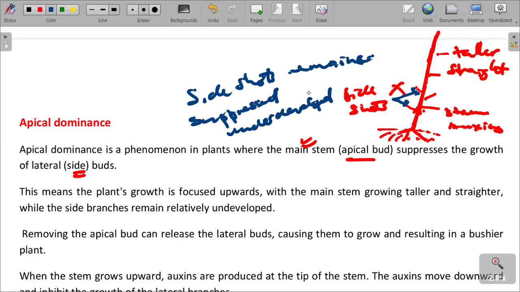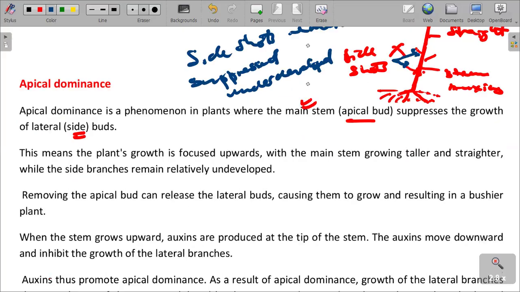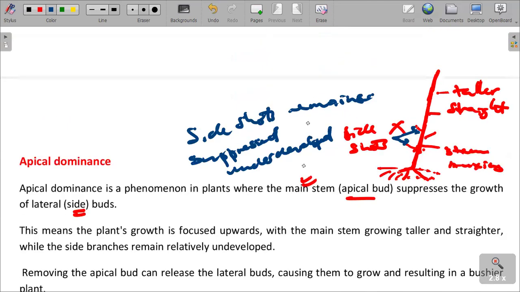I'm sure you can remember and relate this to our subject of plant growth hormones: auxins basically allow plants to grow tall, which is one of their main functions.